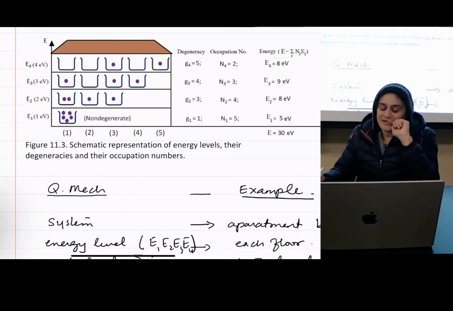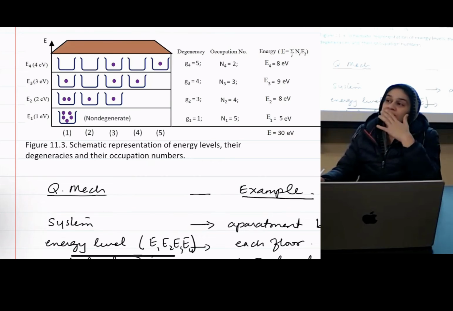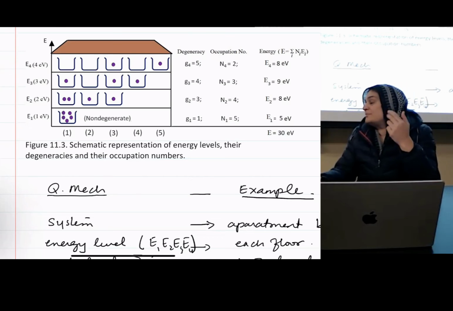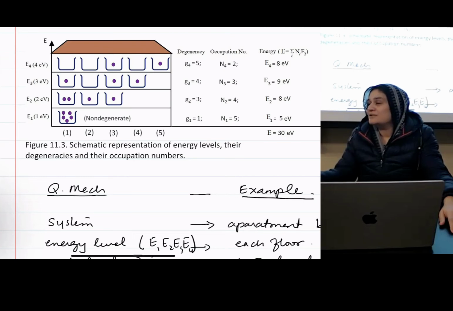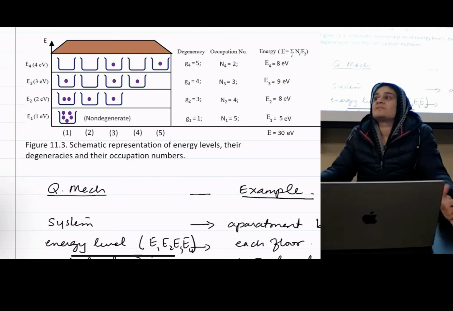So can anyone guess what the actual value in the SI unit will be for an electron volt? The charge of an electron is 1.6 times 10 to the minus 19, times 1 volt.